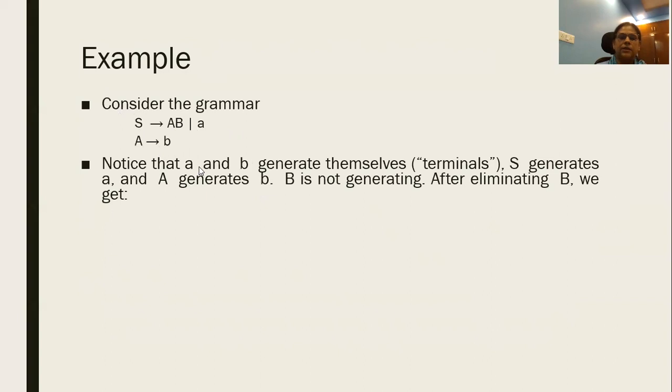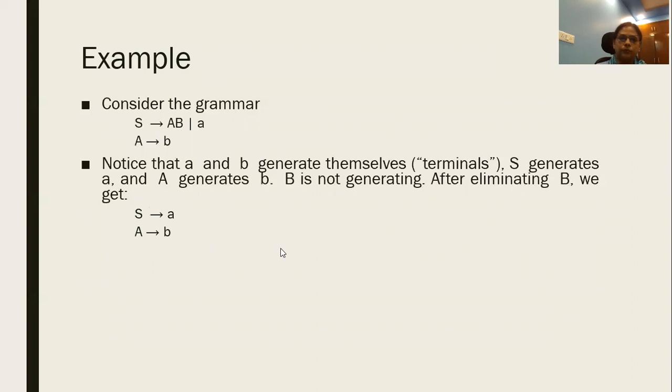That means there are only two variables in this grammar that are generating. There is another variable B in this grammar, but B is a non-generating variable. Hence, we can safely remove this production, S derives AB, giving us this resultant grammar.